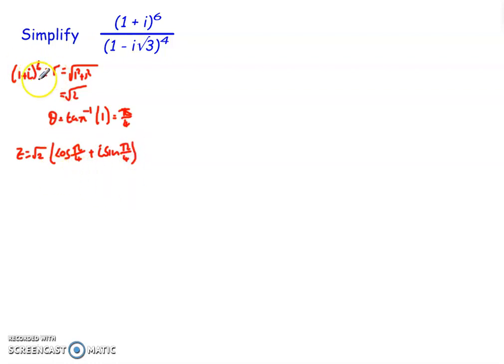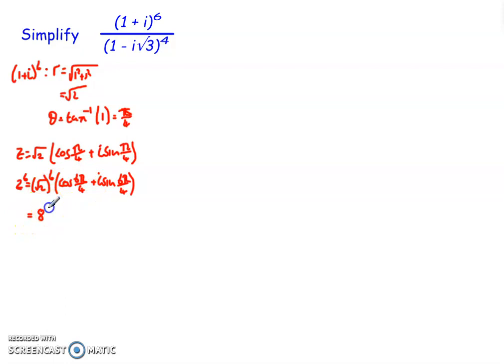We then raise it to the power, so it's to the power of 6. So z to the 6 is going to equal root 2 to the power of 6 times cos of 6 pi over 4 plus i sine 6 pi over 4. So simplify all the parts of this and let's see what we get. So root 2 to the power of 6, that's going to equal 8.